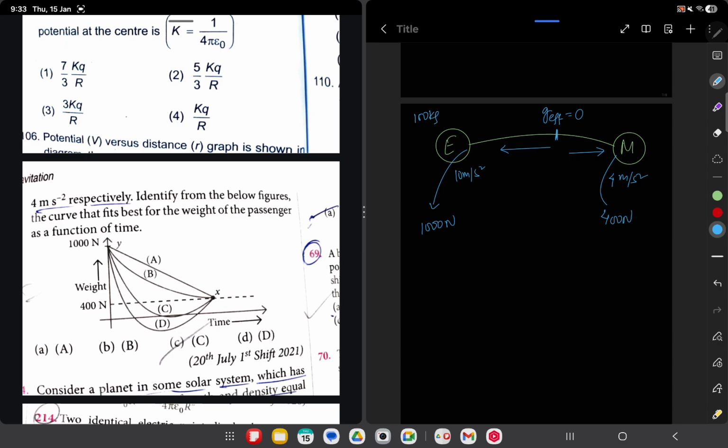Between B, C, D, you can clearly see that for C, g effective is 0, meaning somewhere in between them the value of the weight should be 0. So that's why option C will be your correct answer.